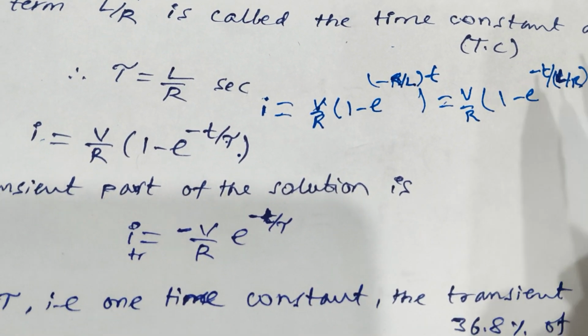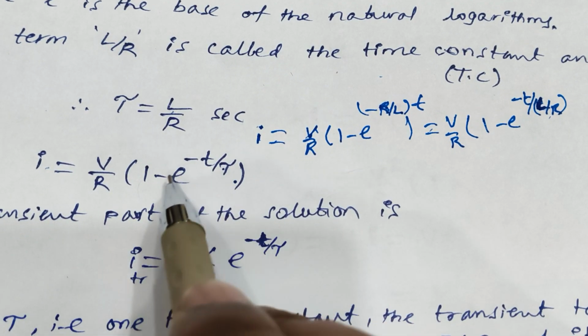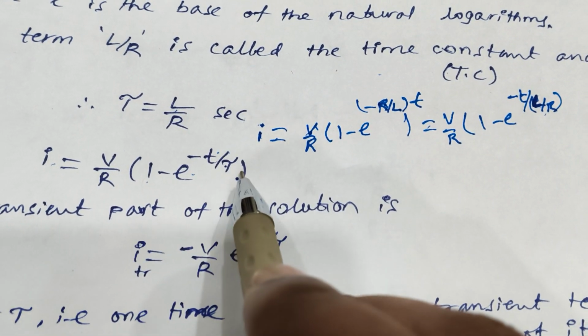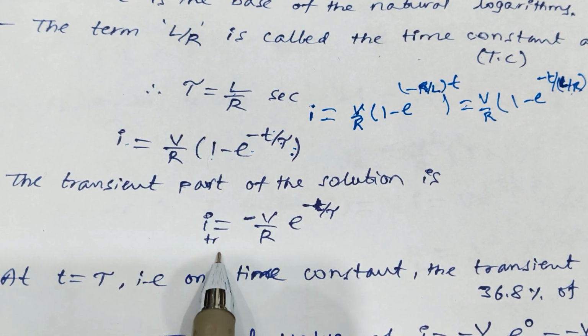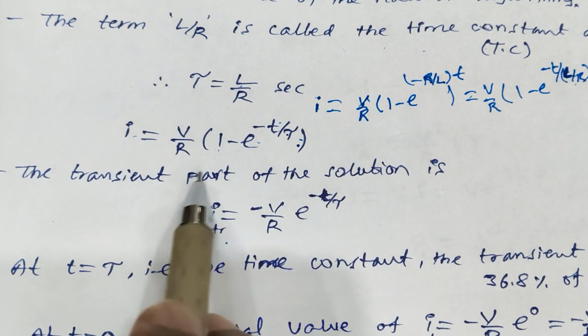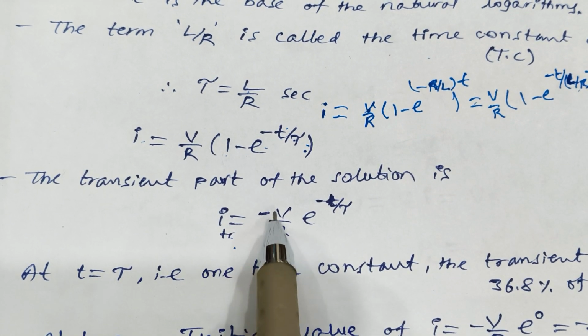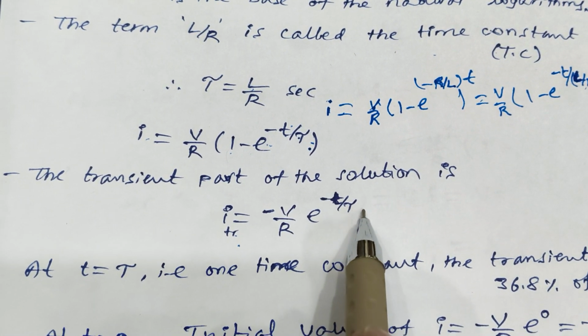This L by r is nothing but the time constant. That's why I am replacing it with 1 minus e power minus t by tau. The corresponding transient term is the second part, which has the time function. The transient part of the solution is i_tr equal to minus v by r into e power minus t by tau.